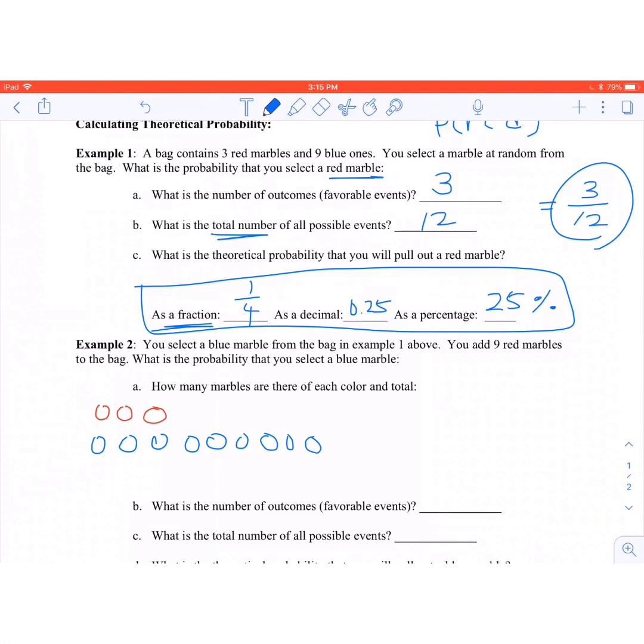So you're going to take one away. And then you're going to add 9 red marbles into the bag. 2, 3, 4, 5, 6, 7, 8, 9. So as a result, you have lost 1 blue marble and you have added 9 red marbles. So now we want to know what is the chance of selecting a blue marble from the new selection.